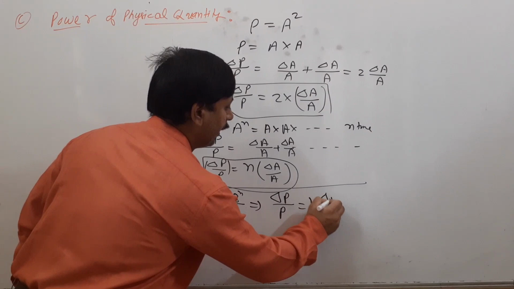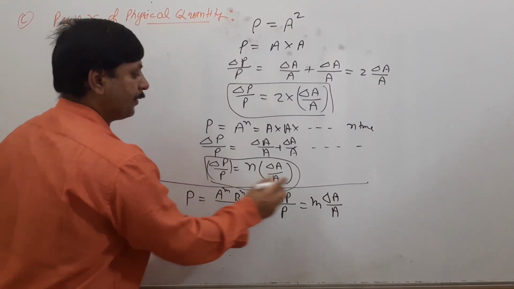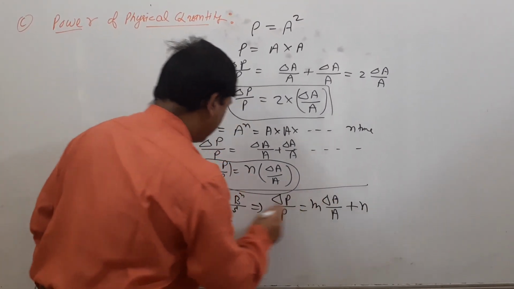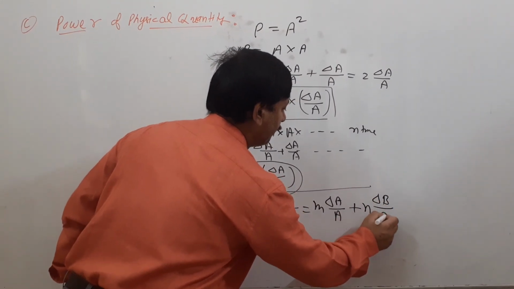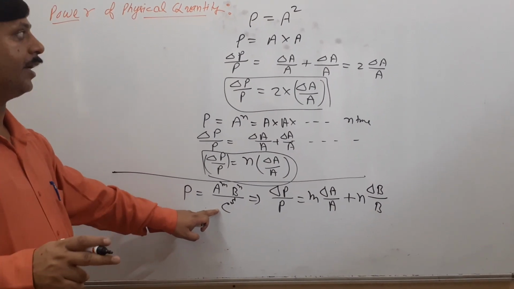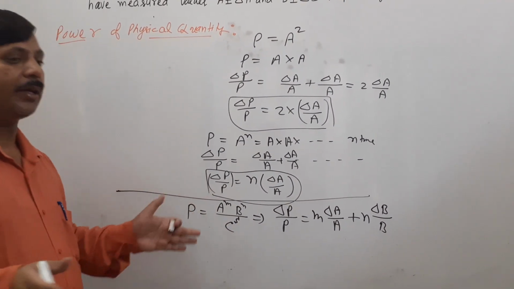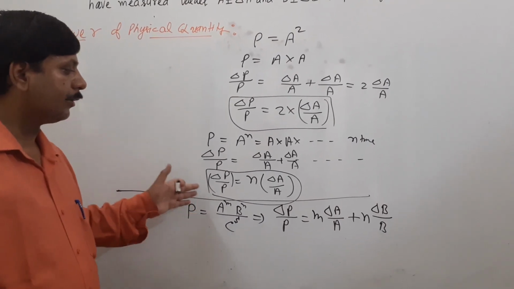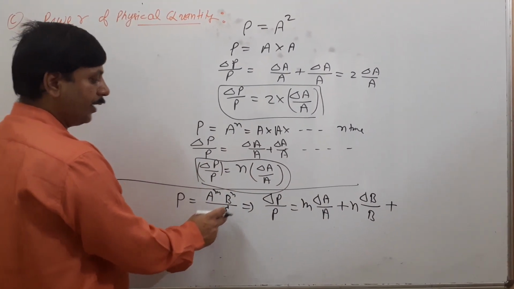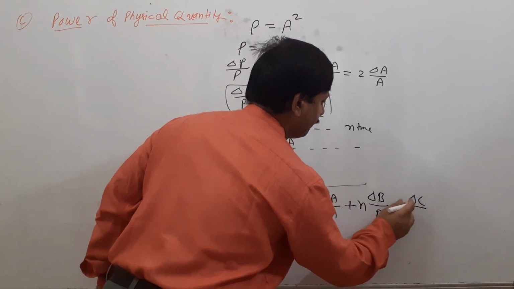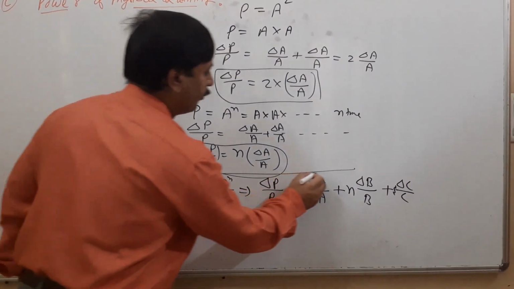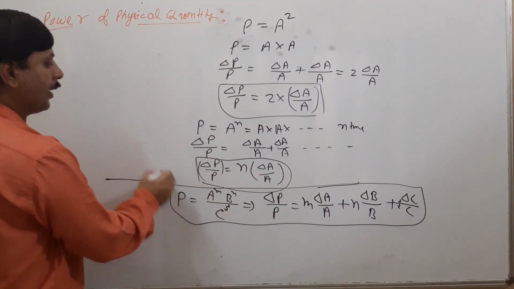So m into relative error of A plus, product comes into the summation form, n into del B upon B, and division also comes in the summation form. Pay attention, when we are taking absolute error or maximum value, division also comes in the summation form. So here it will not be minus, it will be plus, s into del c upon c. This will be the general formula for all product and power.